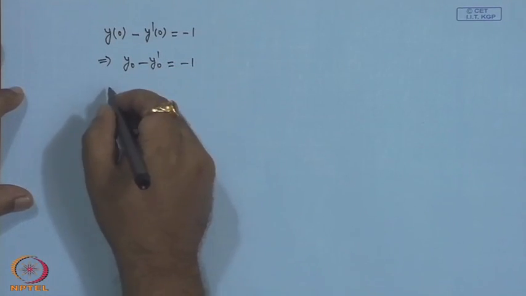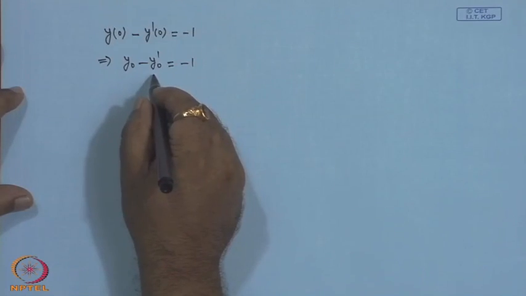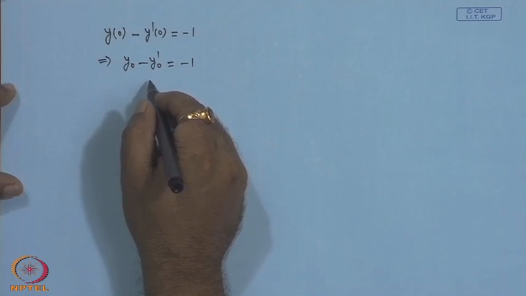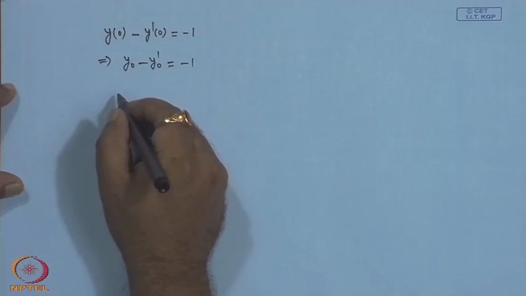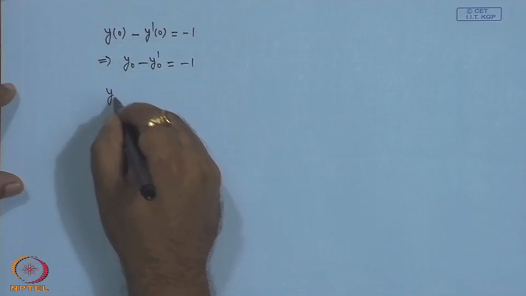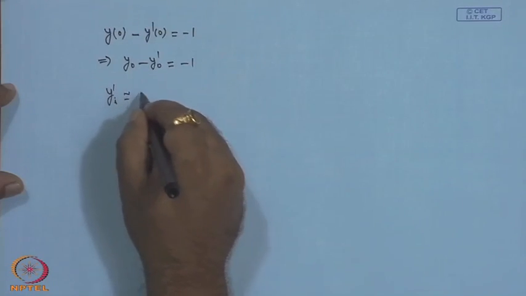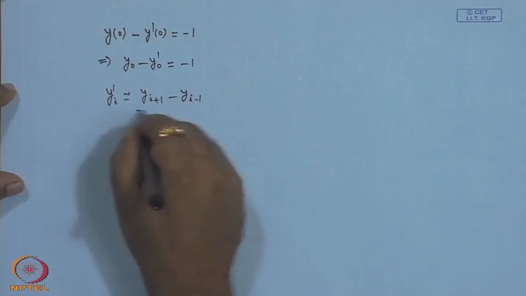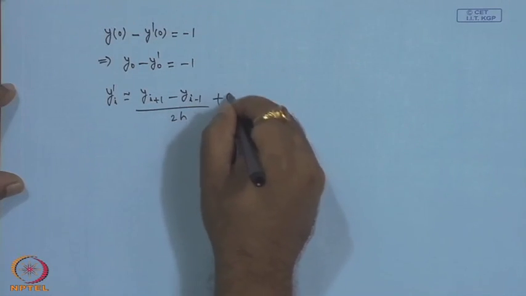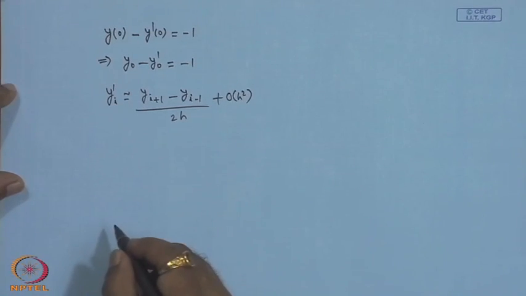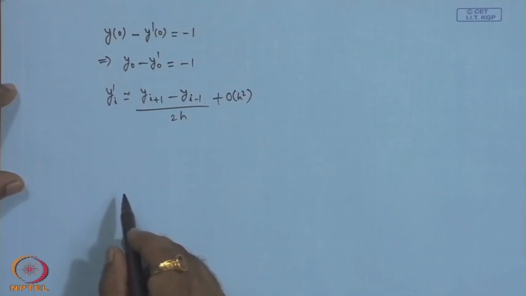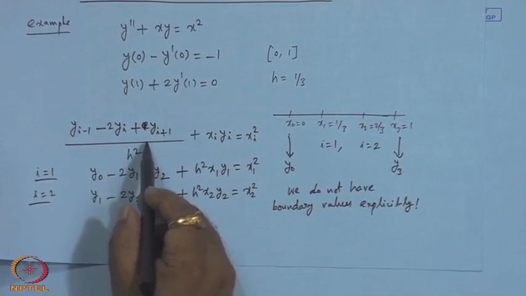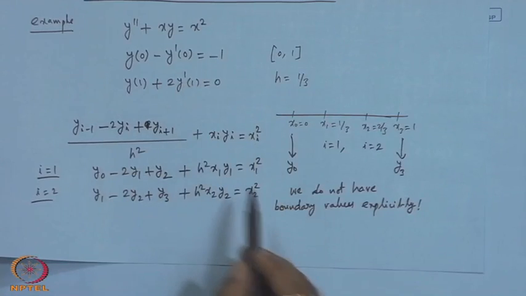Let us consider what could be the first order derivative approximation. Let us use central, which is a second order approximation. So, it is better to use it for the boundary conditions as well.